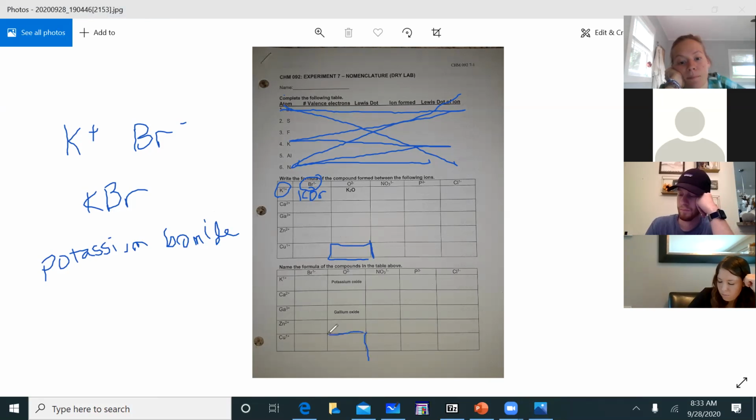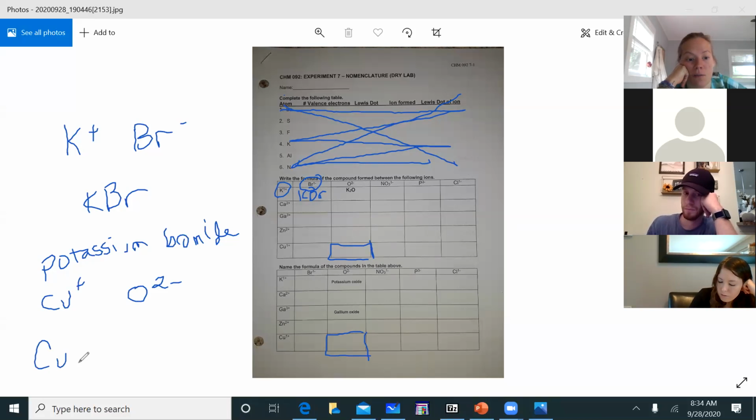So in this one, we're combining Cu plus with oxygen O2 minus. So the formula for this, flip-flopping, will be Cu2O.